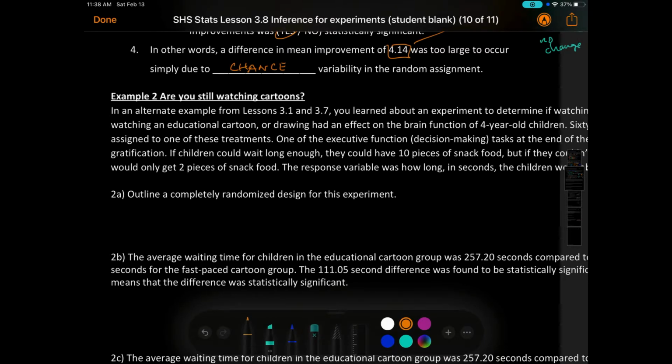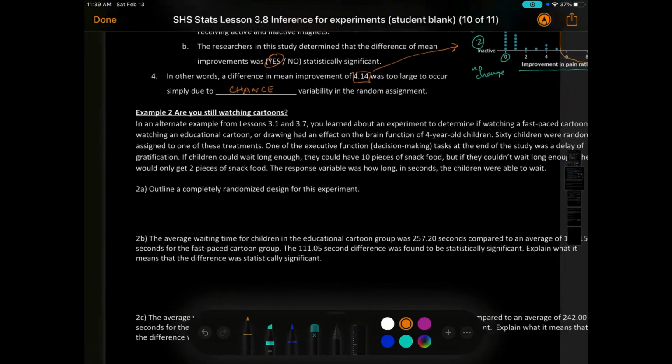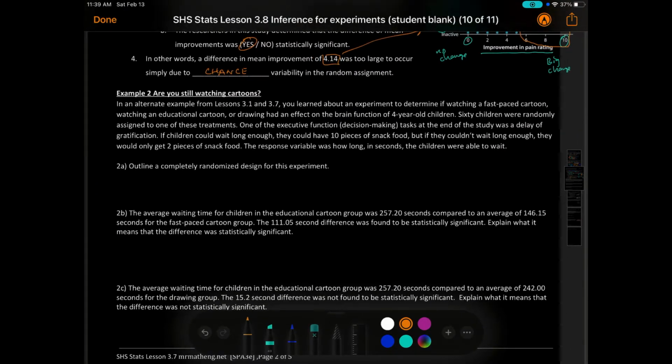Okay, example number 2. Are you still watching cartoons? In the alternative example from lessons 3.1 and 3.7, you learned about an experiment to determine if watching a fast-paced cartoon, watching an educational cartoon, or drawing had an effect on the brain function of 4-year-old children. 60 children were randomly assigned to one of these treatments.